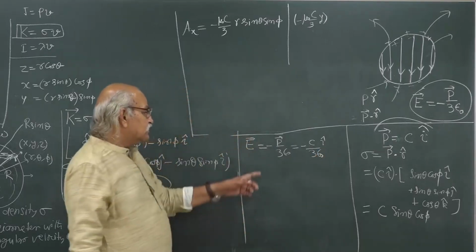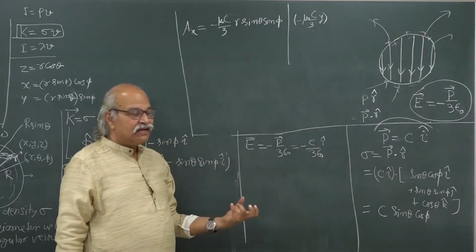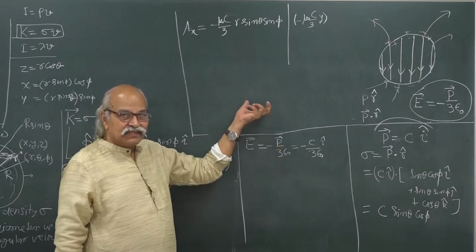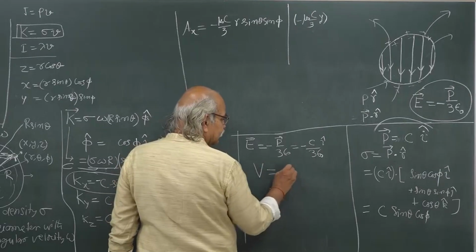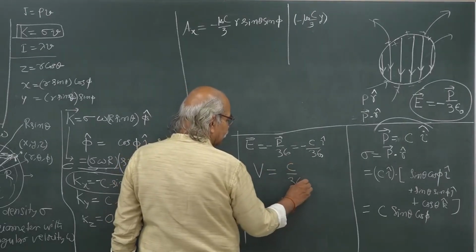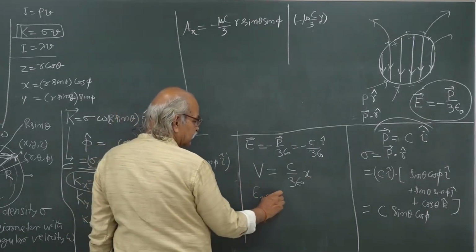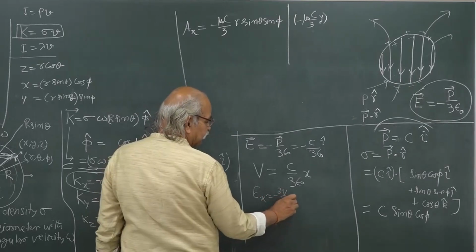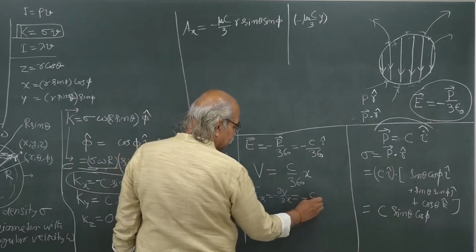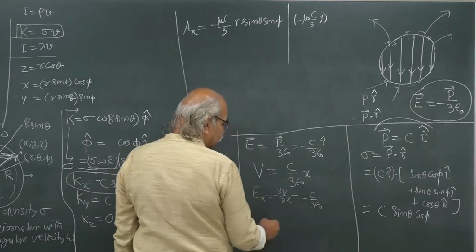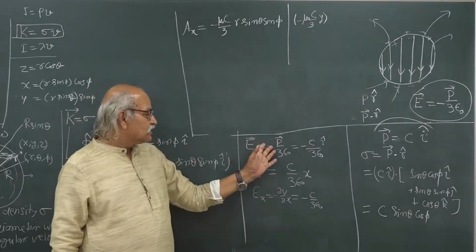The electric field is in the x direction, and therefore, the potential will have only x dependence, not y or z dependence, and the potential you can write very easily: c over 3 epsilon naught times x. Ensure that Ex, which is minus del V del x, if you differentiate with respect to x and put a minus sign, you will get minus c by 3 epsilon naught, and that is it. You only have Ex, you do not have anything else. So, this potential corresponds to this field.